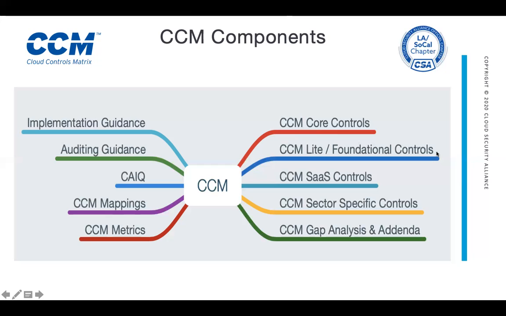Then we have the CCM Lite. So the idea here is that the current V4 is comprised of 197 control specifications, and it is overwhelming especially for small and medium enterprises, in terms of resources spent or cost to meet compliance, due to the amount of the controls.